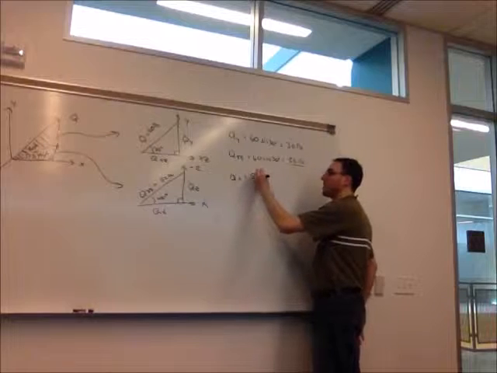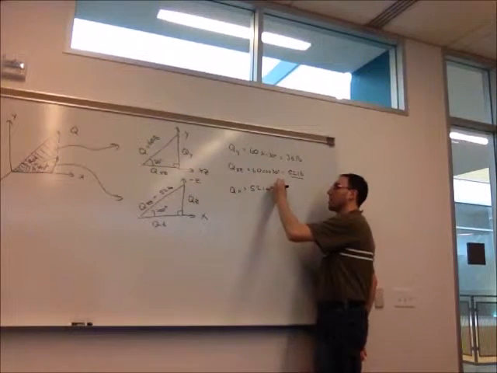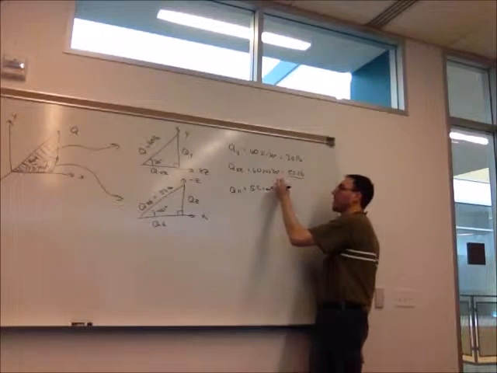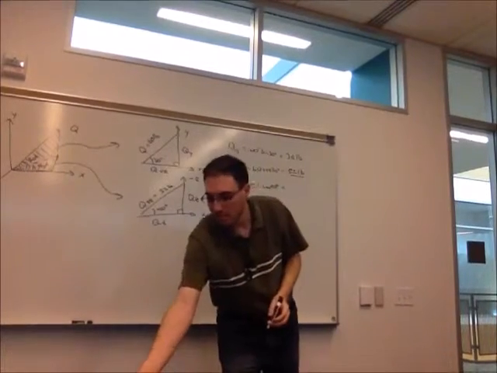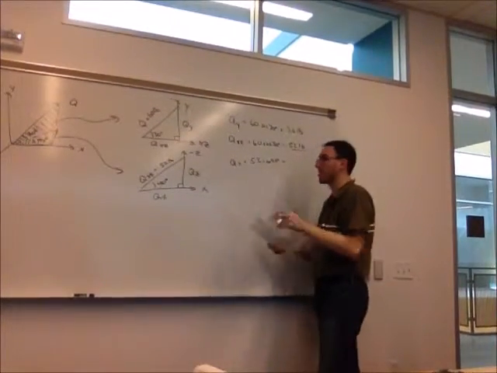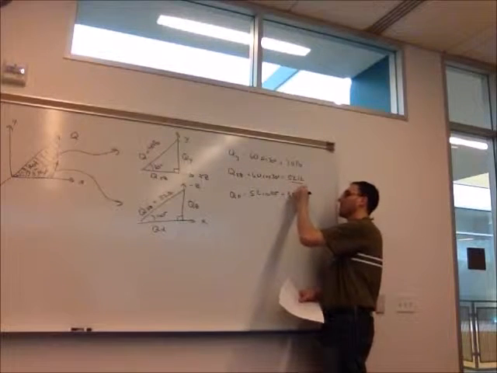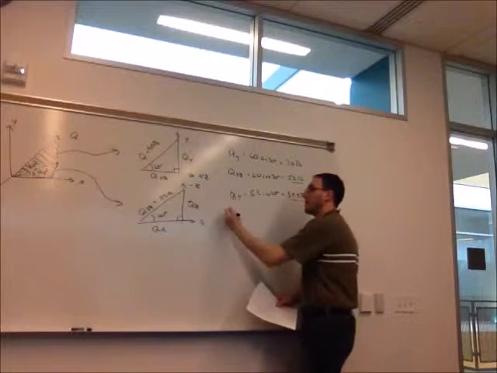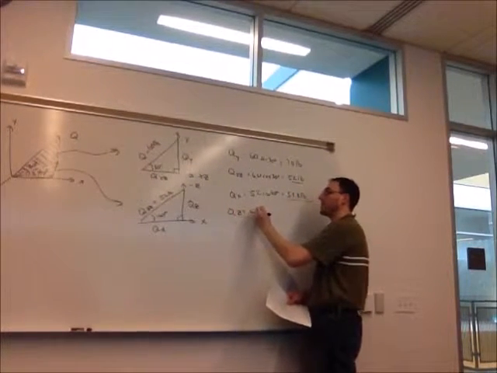So qx will be 52 cosine 40 from this second 2D triangle. So qx is going to be 39.8 pounds. And qz will be 52 sine 40.